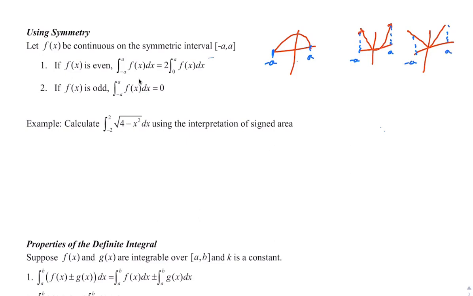If you notice, these two sides match. The area from the left matches the area from the right. So it's saying the shortcut, instead of doing the integral of the whole thing, just do the integral of one side and times it by 2.